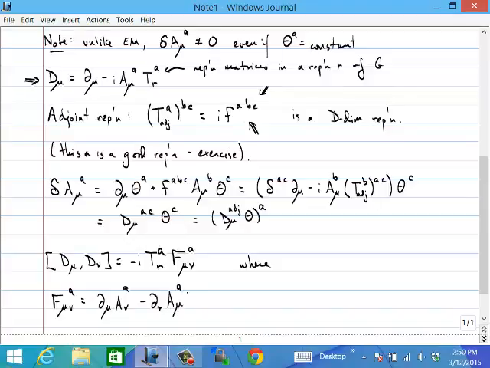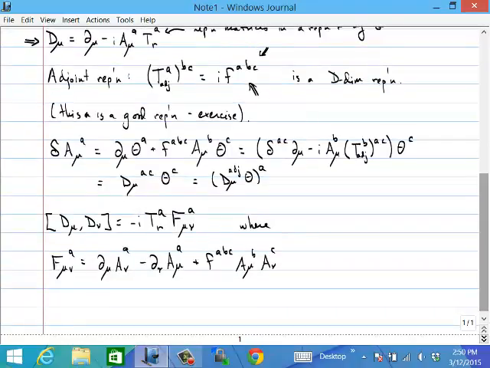is given by an expression that's very similar to the field strength in electromagnetism, except that it contains this additional term, quadratic in the gauge field, that involves the structure constants f^ABC. And just as a comment, remember that these structure constants are antisymmetric in their indices ABC.